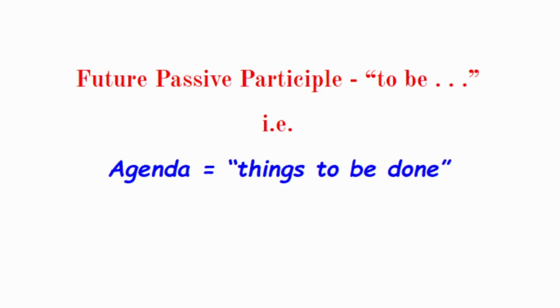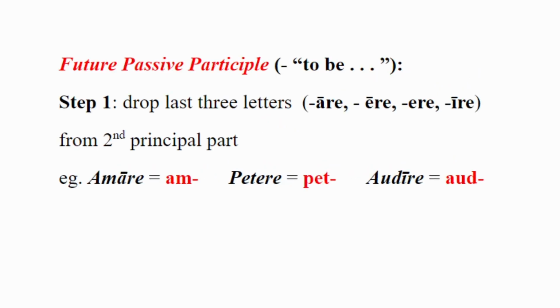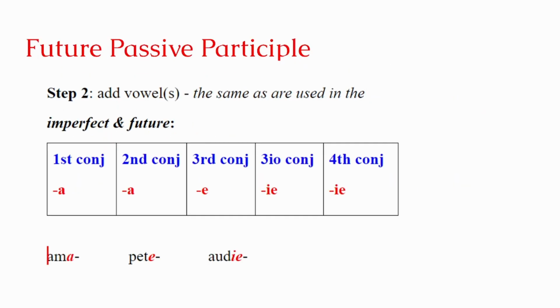This is a little more complicated, but it's going to look a lot like the present active until we get to the third step. Notice the first step. Drop the last three letters from the infinitive. That should look familiar to us. Second step, add the same theme vowels we used in the imperfect tense: A, E, E, I-E, I-E.